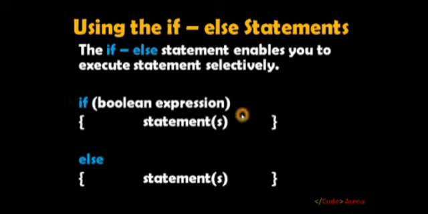That means you're telling your program that if the expression written in this bracket is true, then the compiler should compile whatever statement is written in this curly brace. Now, if the Boolean expression in this if statement is false, then you are telling it to execute the else statement, which is the statement within the else bracket. Are you getting it?